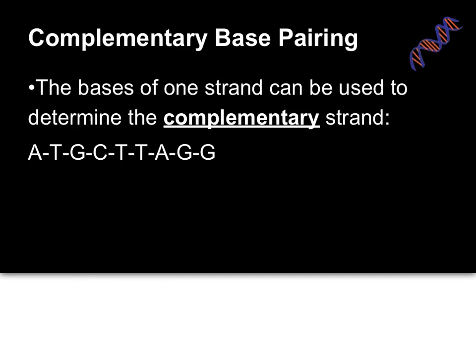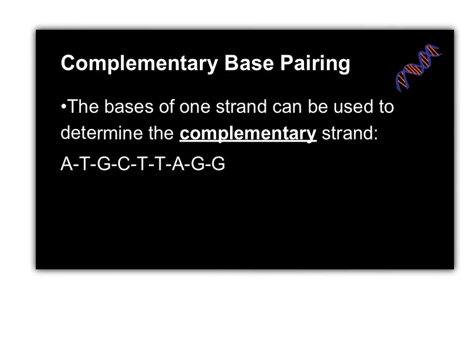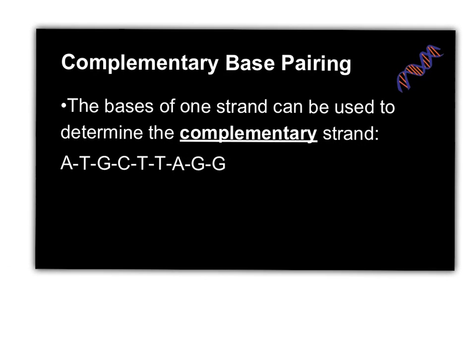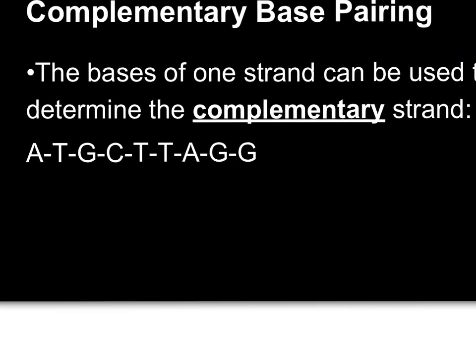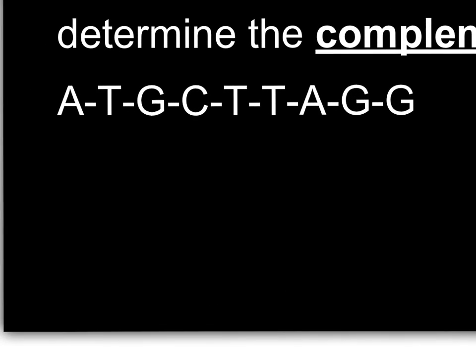So let's take a look at this strand here. We have A T, G C, T T, A G G. If we want to find out what the complementary base pairing is, here's what we can do. I'm just going to blow it up a bit here so it's easier.